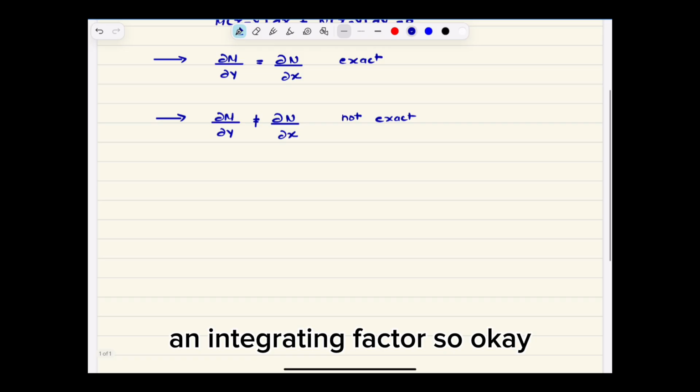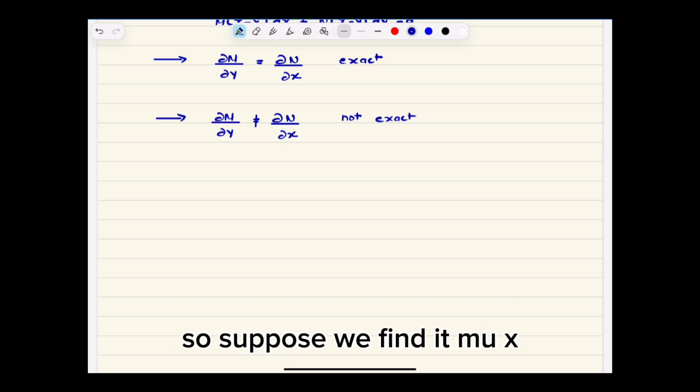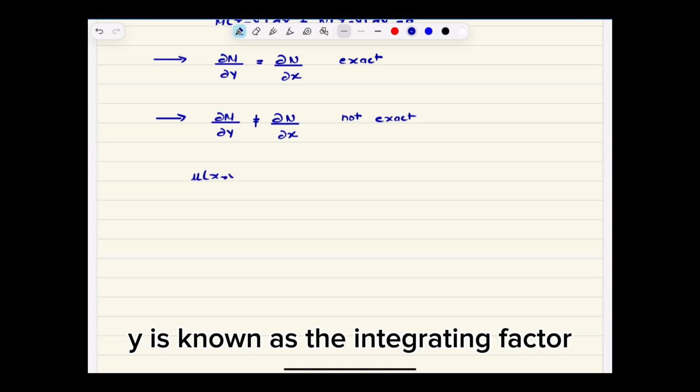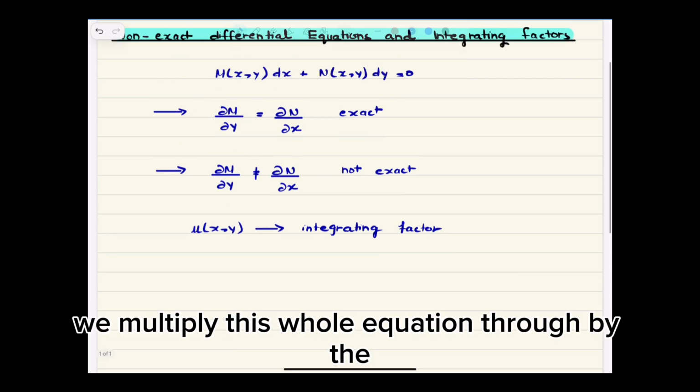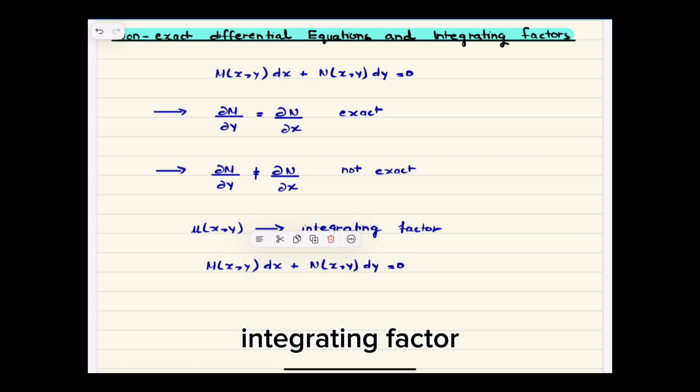Suppose we find it, mu(x,y) is known as the integrating factor, and what we do is multiply this whole equation through by the integrating factor.